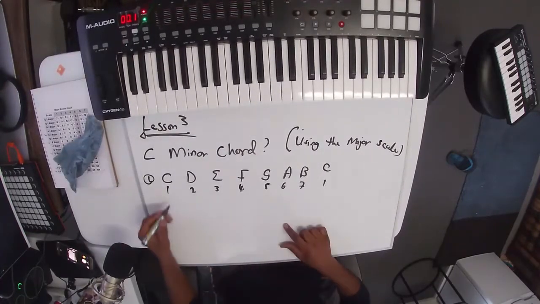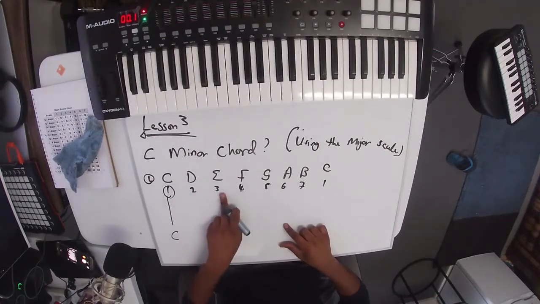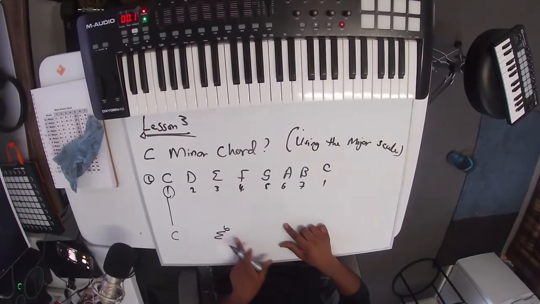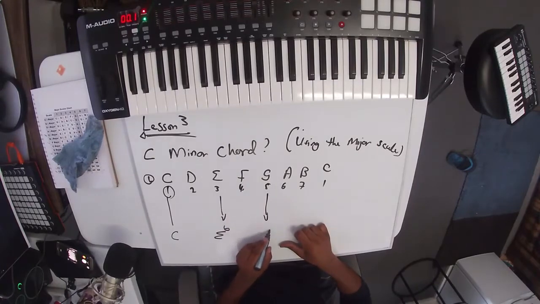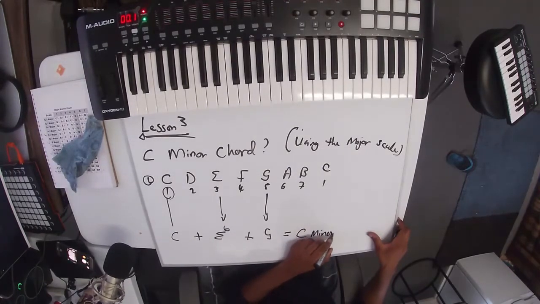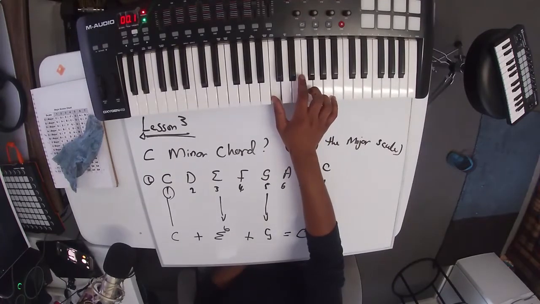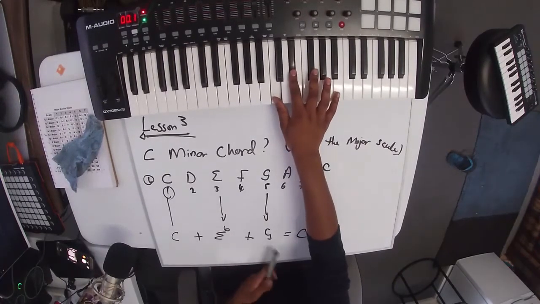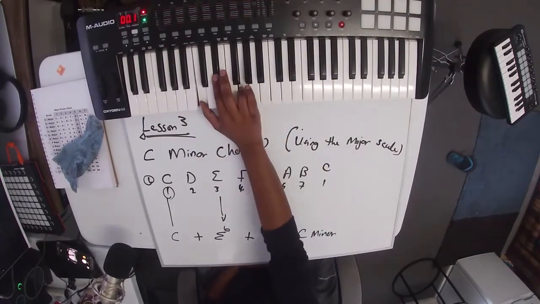You take the 1, which is the C, you flatten the third, which is E flat, and you take the 5, which is G. And when you play these at the same time, you've got C minor. So you flatten the third, E flat, and then you've got a G. C minor.